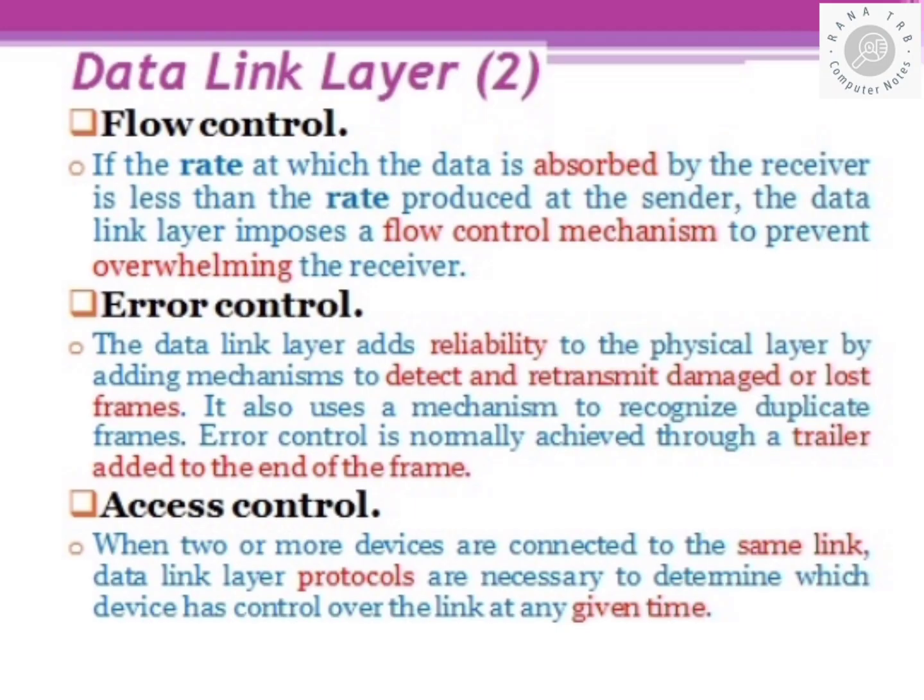Here the data link layer adds reliability to the physical layer by adding mechanisms to detect and retransmit damaged or lost frames. It also uses a mechanism to recognize duplication of frames through a trailer added to the end of the frame. Access control. For example, when two or more devices are connected to the same link, data link layer protocols are necessary to determine which device has control of the link at any given time.